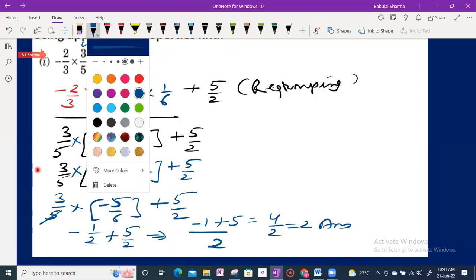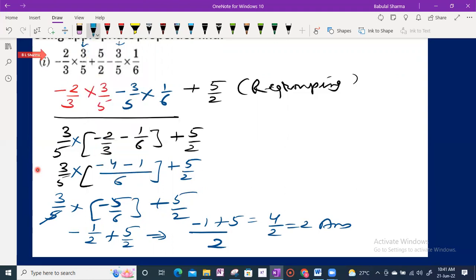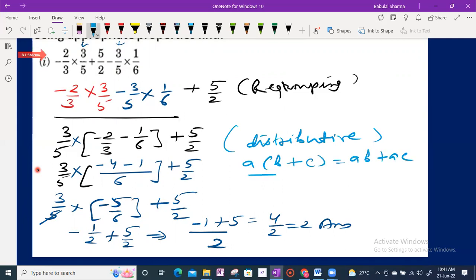And here you can also write this property is using distributive property, because we know that A(B plus C) can be written as AB plus AC. Yes. So 2 is the answer of this question.